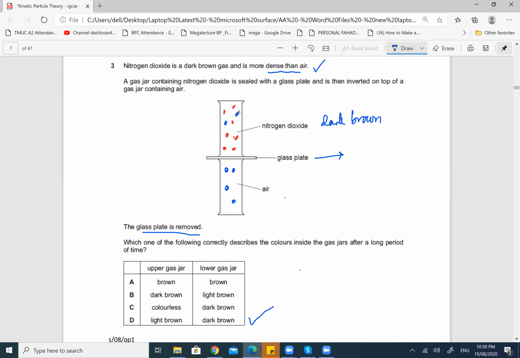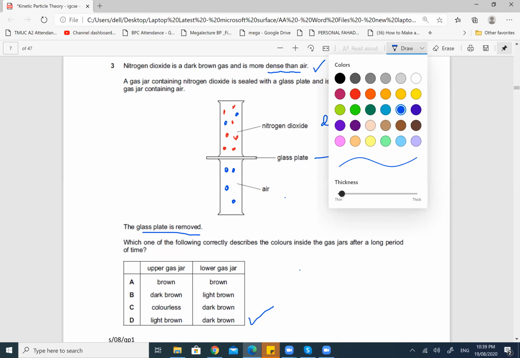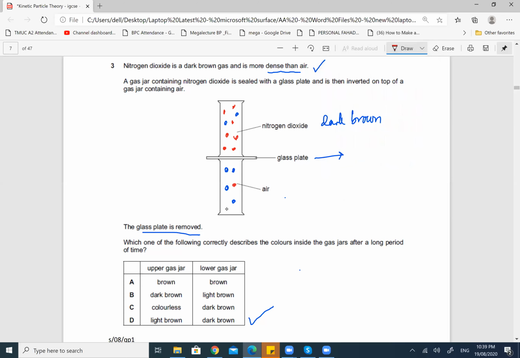Even if you left it for a million years, there would still be some brown at the top, because gas particles are randomly moving around in all directions. In general, there'll be more towards the bottom, but some will still remain at the top. So it's going to be light brown and dark brown. That's what's going to happen. Next one.